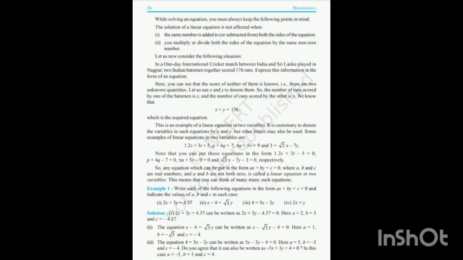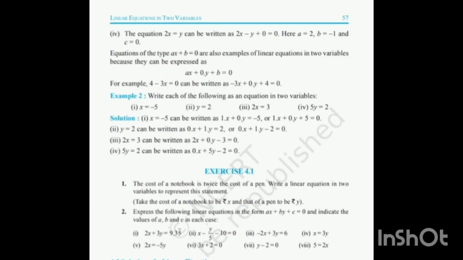Exercise 4.1. First, the cost of a notebook is twice the cost of a pen. Write a linear equation in two variables to represent this statement. So first of all, the notebook costs rupees x and the pen costs rupees y.